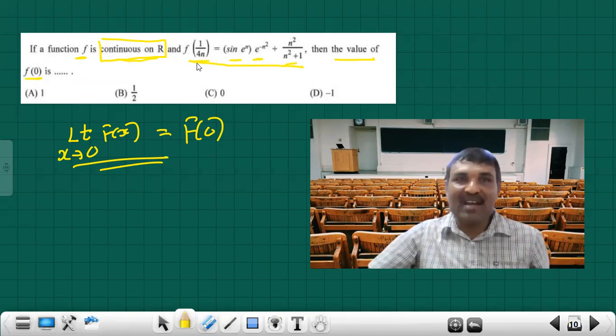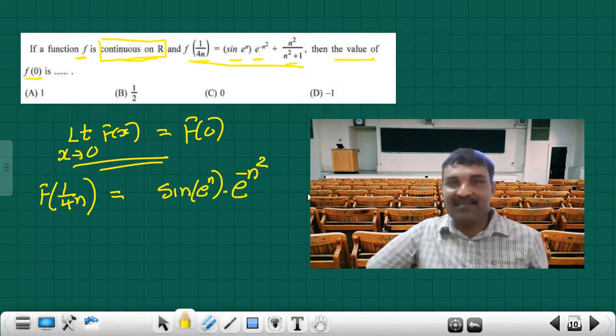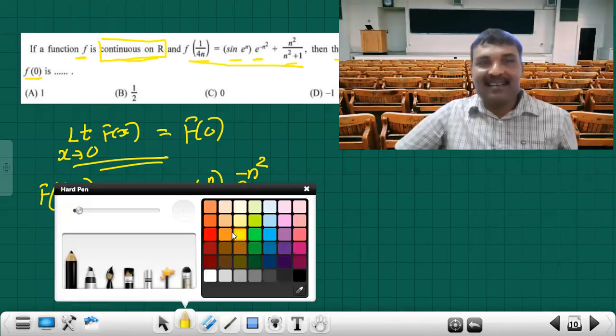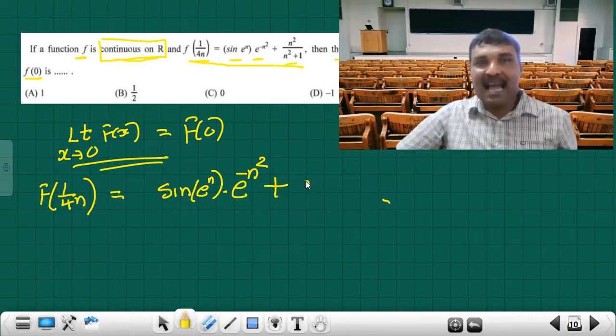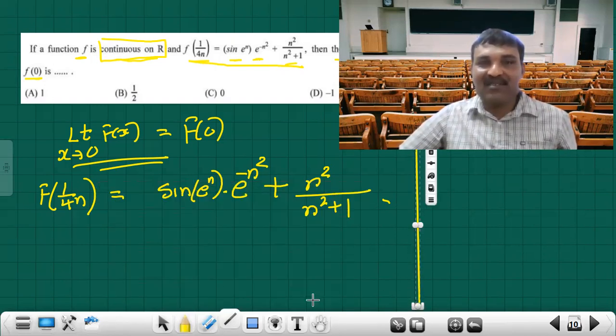The function is given in terms of f of 1 by 4n. That is given as sine of e raised to n multiplied by e raised to minus n square, plus n square divided by n square plus 1.